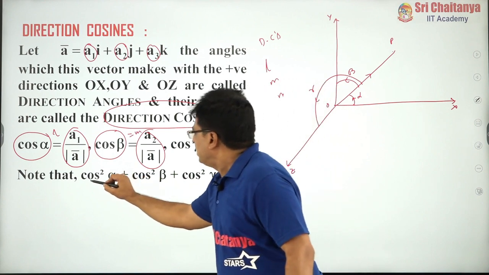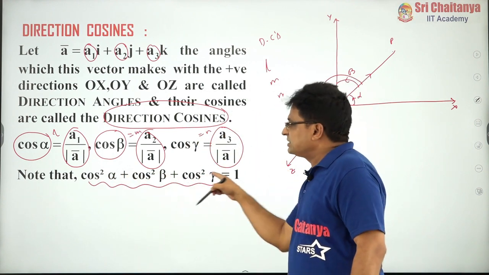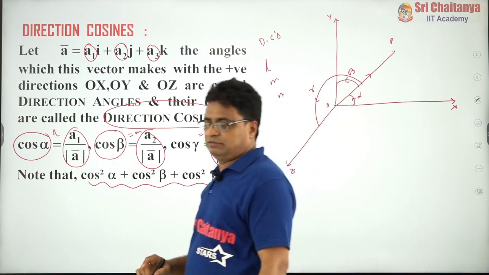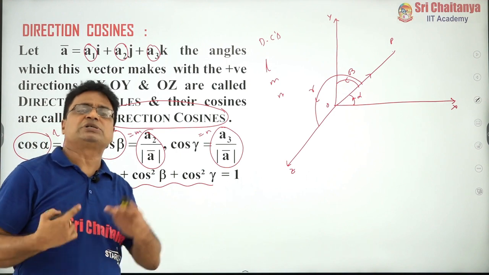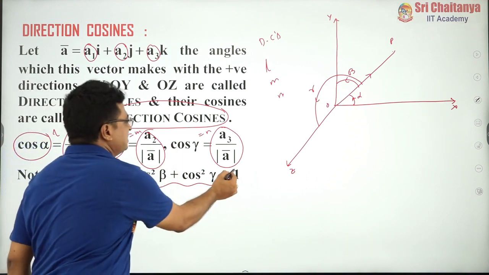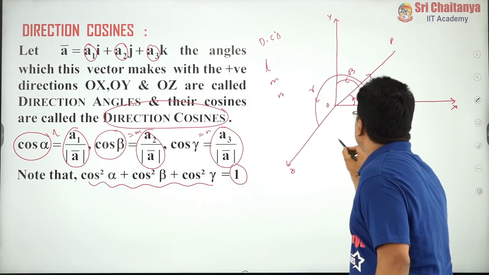Moreover, cos square alpha plus cos square beta plus cos square gamma, the sum of the squares of the DCs of the vector. What does it mean? The sum of the squares of the direction cosines of any vector is always equal to 1. How come? What is cos square alpha?